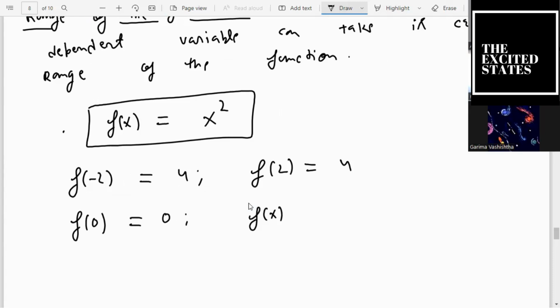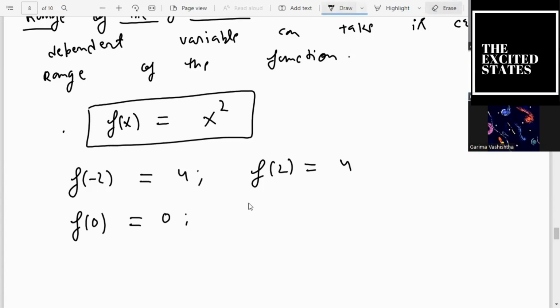That means this f of x can never go beyond 0. So the minimum value of this function will be 0. No matter what the value of x is, it will never go beyond 0, since a square function can never take negative values.